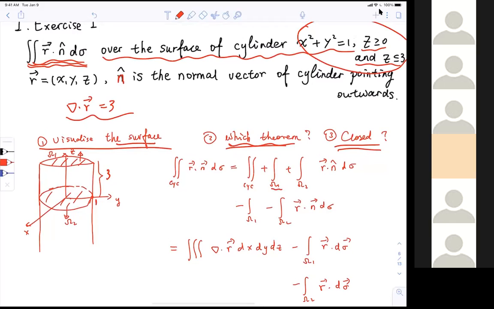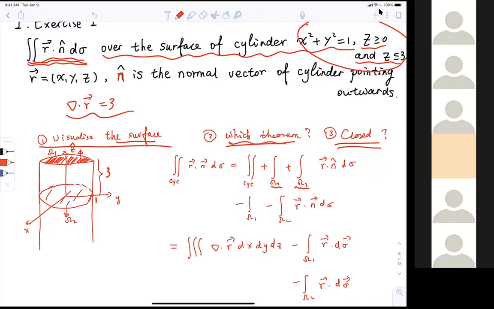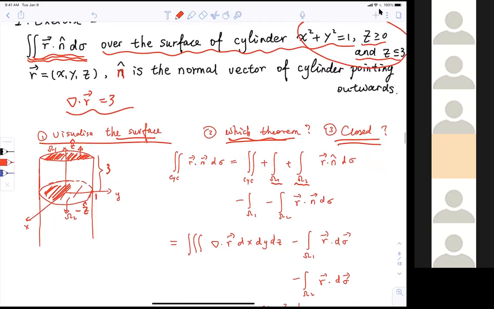So omega 1 stands for the top disk with the normal vector pointing up, so it's k hat, and omega 2 is the bottom disk with a normal vector pointing downwards, so it's minus k hat. And so the cylinder plus omega 1 plus omega 2 is in this case a closed surface.